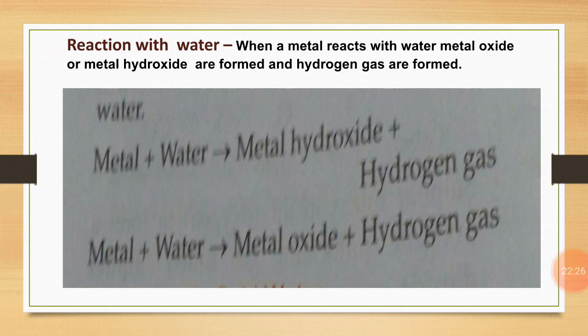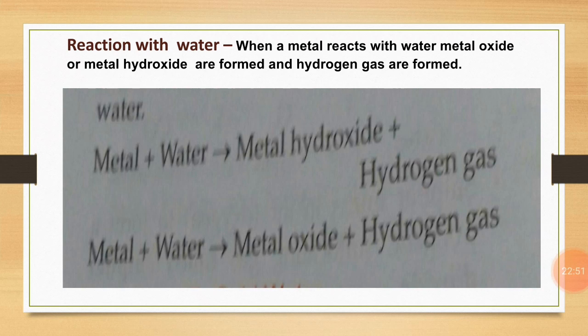Let us take the example of magnesium. When magnesium reacts with water, magnesium hydroxide is formed and hydrogen gas is released.